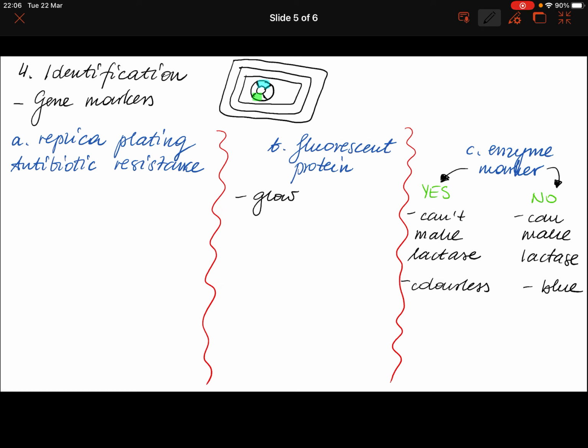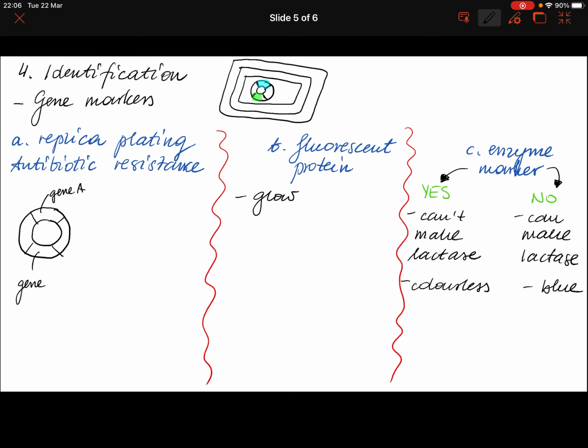And let's go for the oldest method, but the most common on the exam, which is replica plating. That uses the antibiotic resistance. So how is this done? Remember, my original plasmid carried 2 genes before the insertion of my sticky ends.